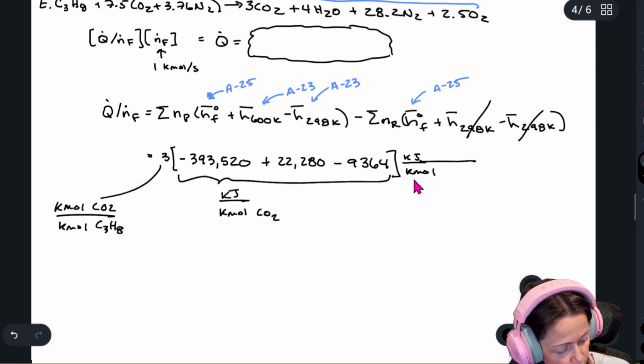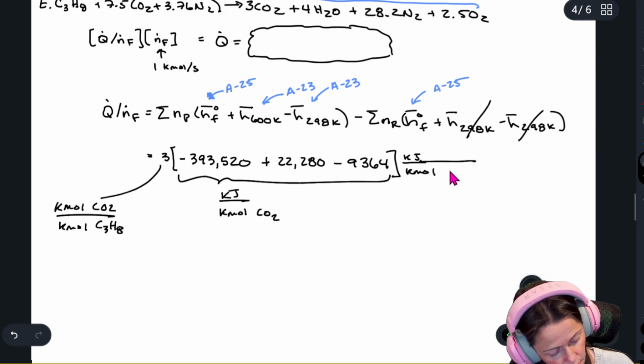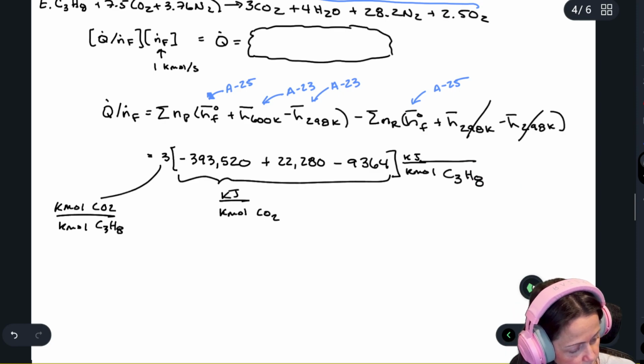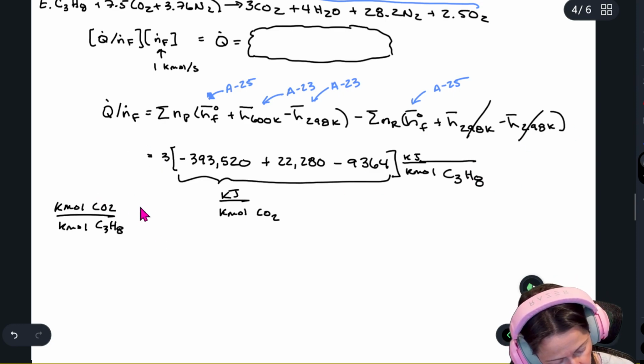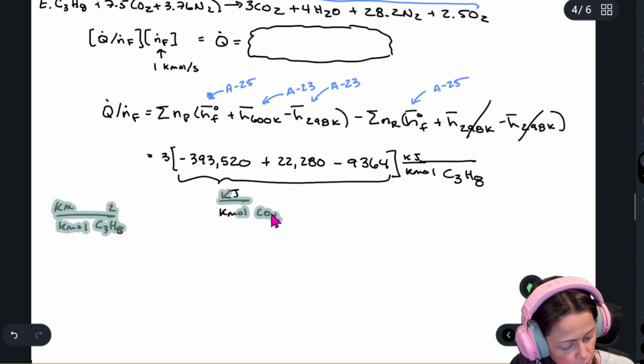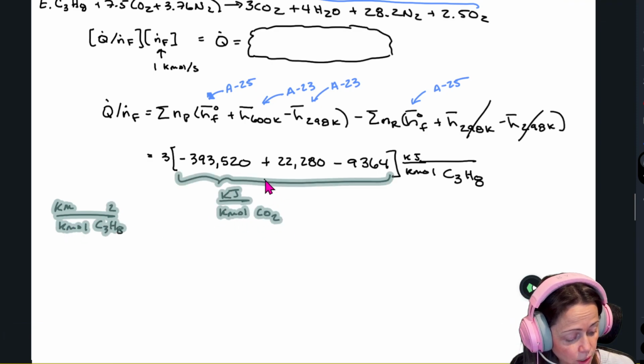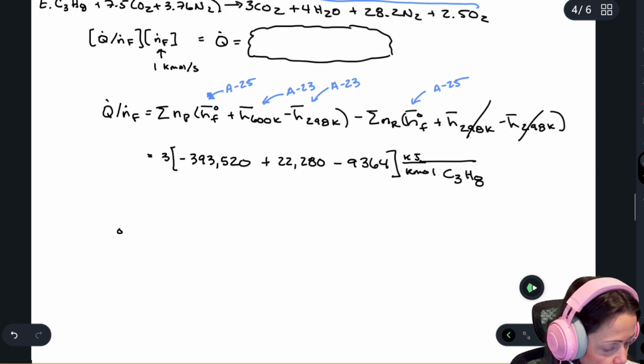So we end up with kilojoules per kilomole of C3H8. I'm going to clean that up a little bit, but just be aware that's why the units work out the way they do.